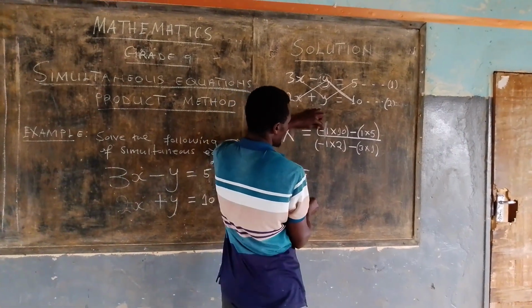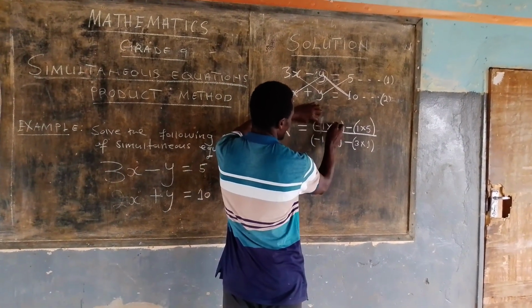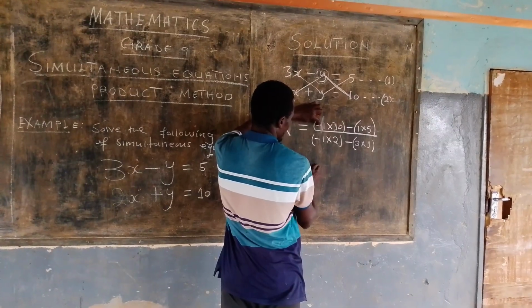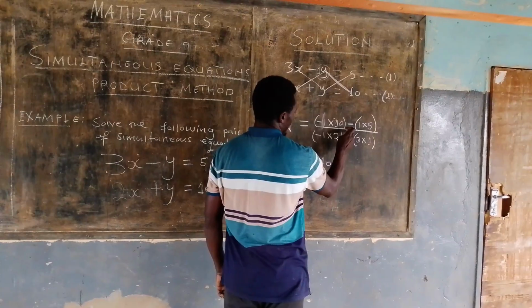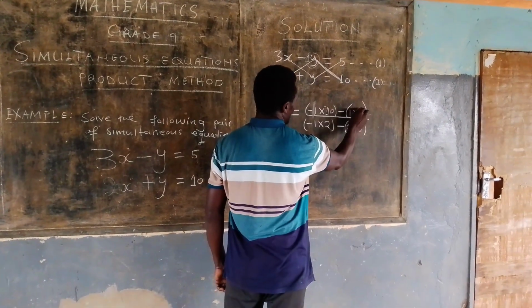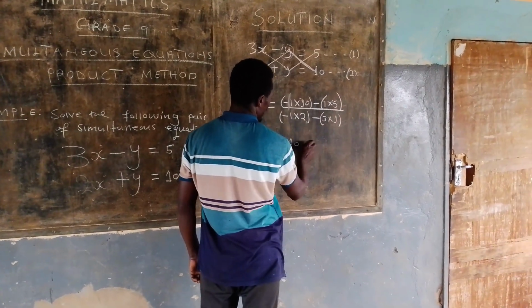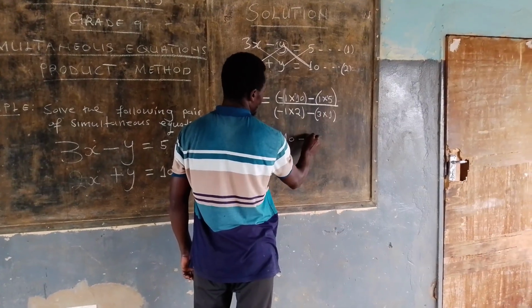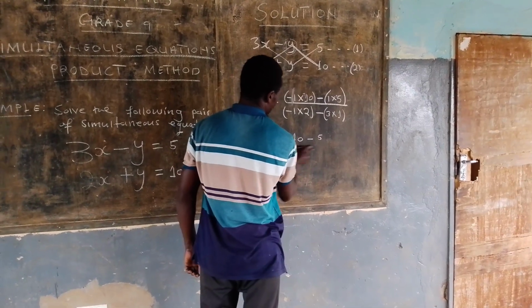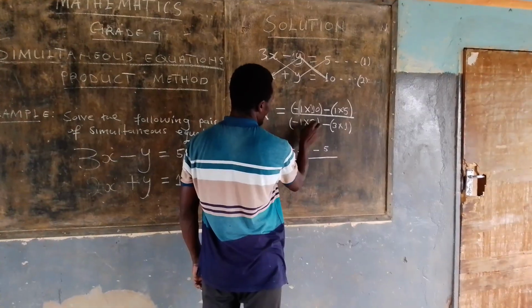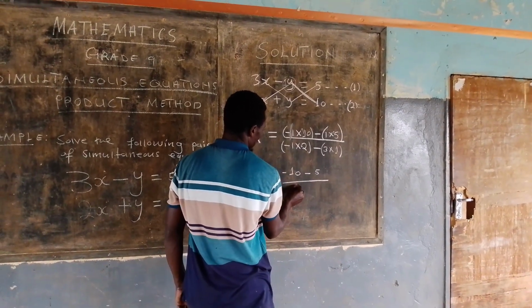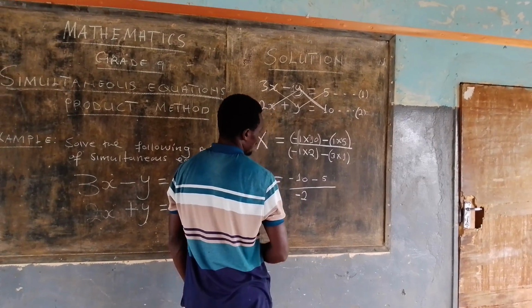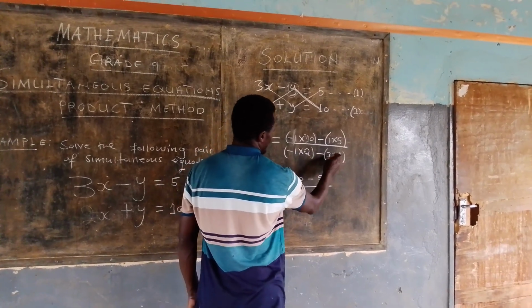Okay, let's now simplify. In the numerator, negative times positive gives a negative. 1 times 10 is 10. Then negative, that is positive, so that is just negative. 1 times 5 is 5. Down, negative times positive is negative. 1 times 2, so it will be negative 2. Then the inside terms are all positive.